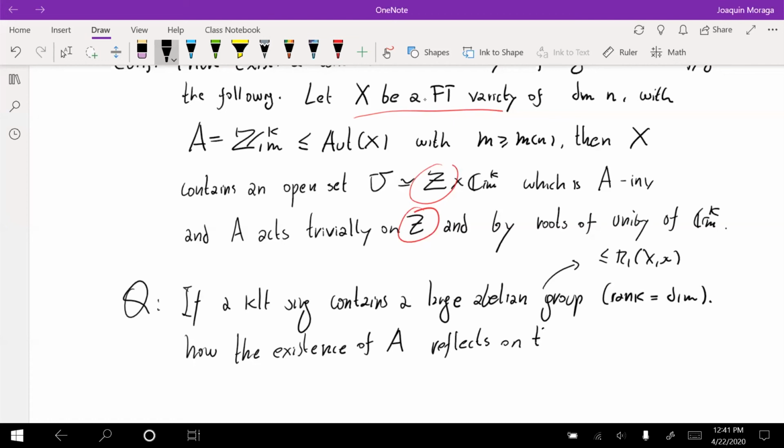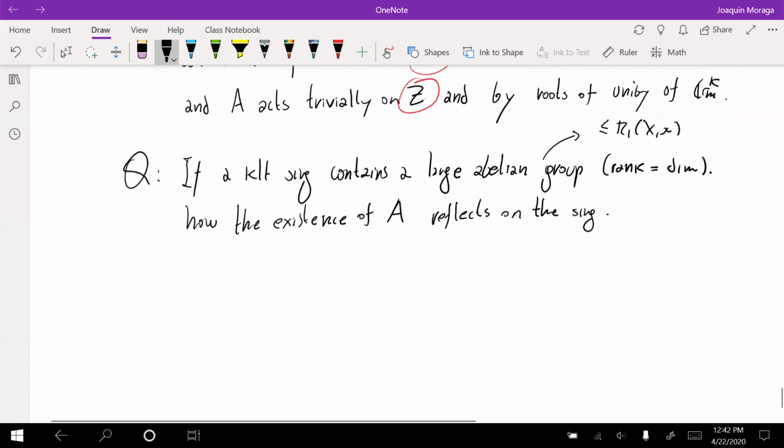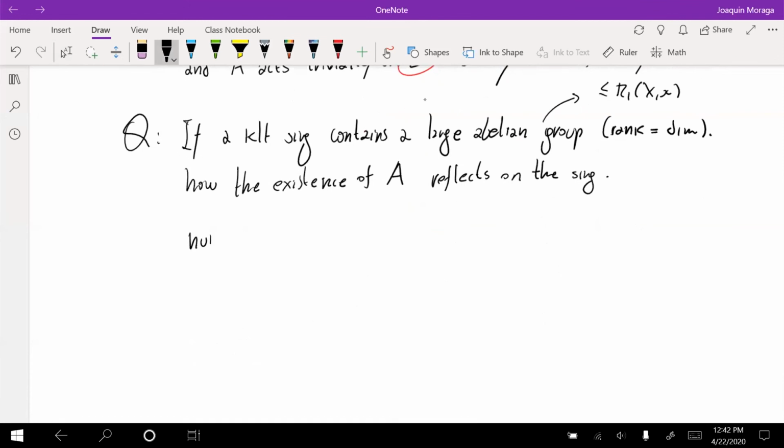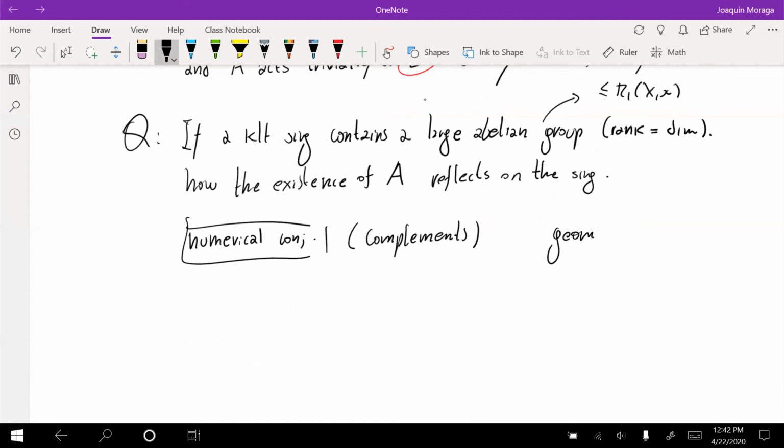So I've been thinking about this question for a long time, but I have no single clue how to tackle it. I have some numerical conjectures, but those are a bit technical. So essentially, it's something about existence of some nice complements, but I don't have any geometric conjecture.